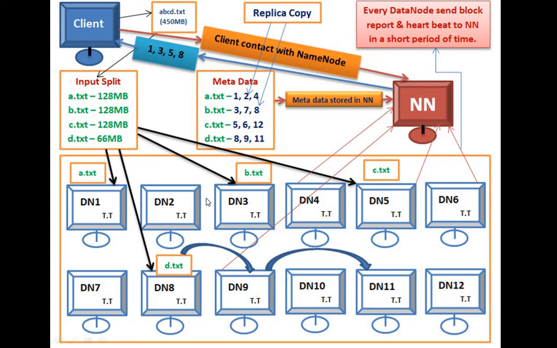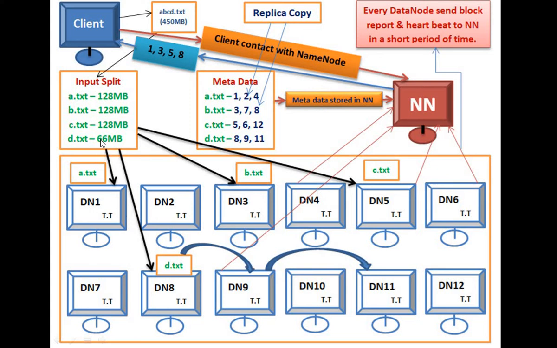It can replicate on any other data node where there are empty blocks, where it can put the replicated file. So suppose data node 2 has empty blocks and data node 4 has empty blocks, then data node 1 puts the a.txt file into data node 2, and the second replicated copy goes to data node 4.